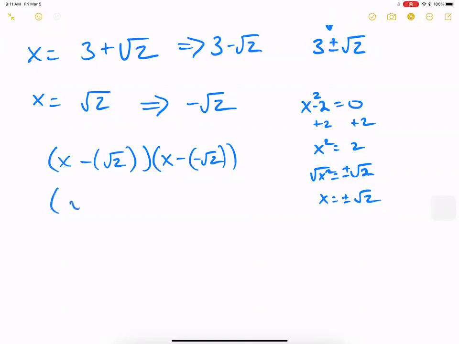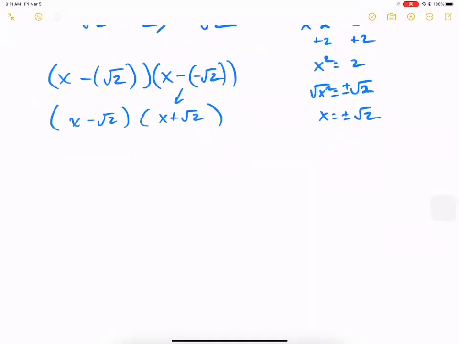Okay, we have x minus the square root of 2 times x plus the square root of 2, because the negative and negative become a positive. Now you're going to go ahead and multiply these out. Lucky for us, all conjugate stuff cancels out.